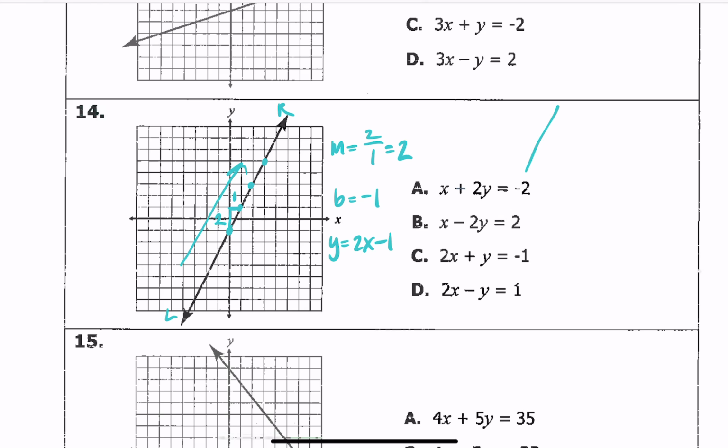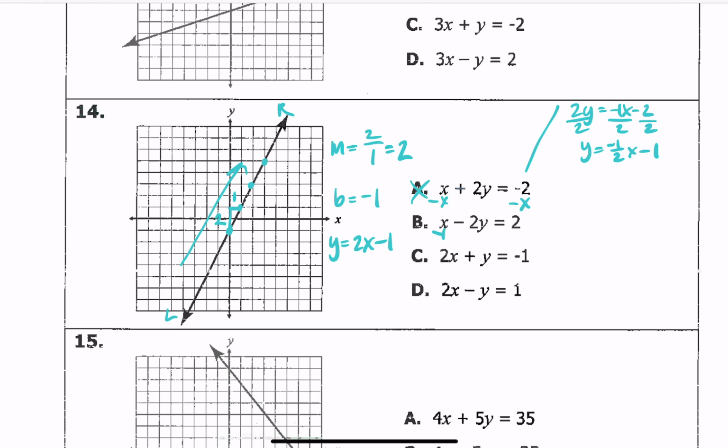So for this A over here, I'm going to start it. I'm going to subtract x from both sides, and I end up with 2y equals minus x minus 2. Then I divide both sides by 2, and I get y equals, this is really a -1/2 x minus 1. That is not right. This and this are not the same thing, so this is not it.